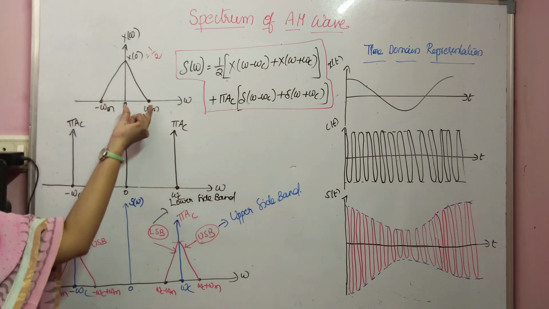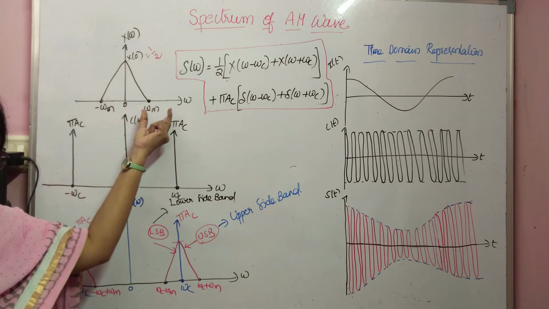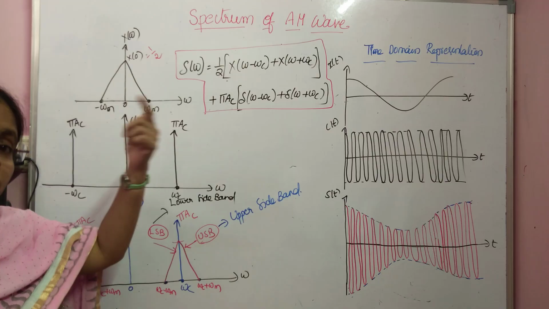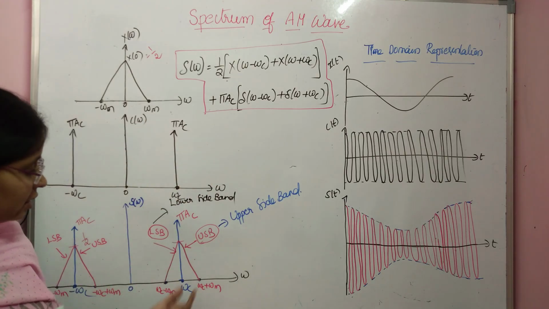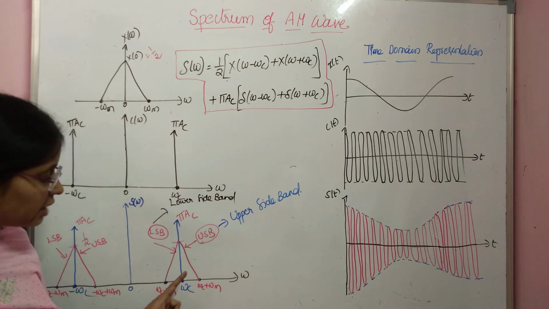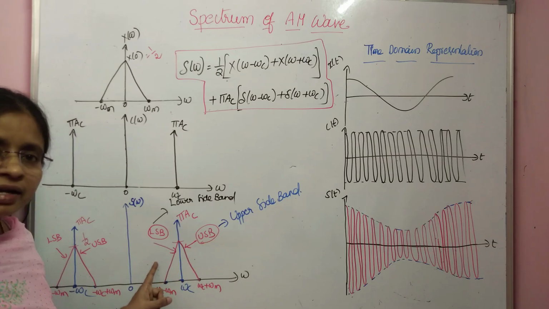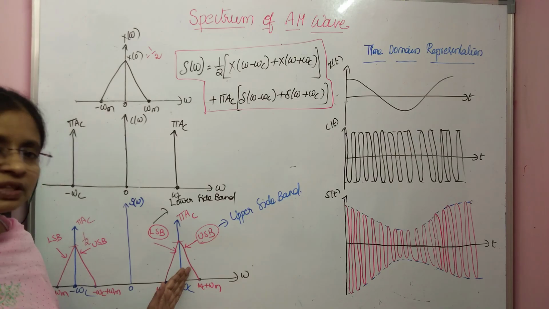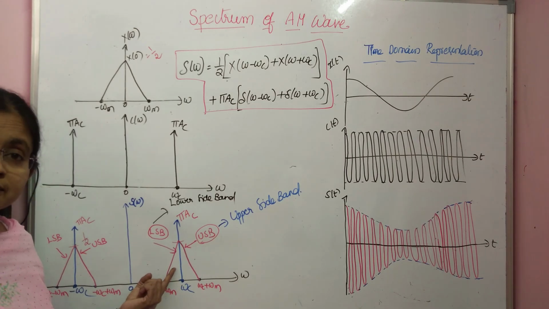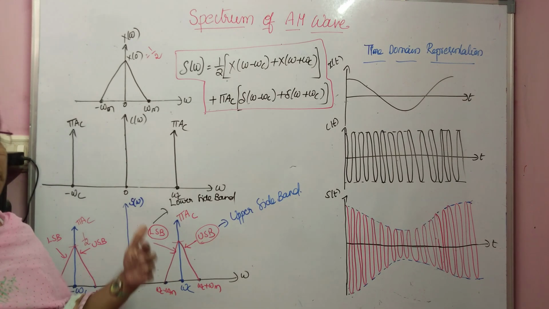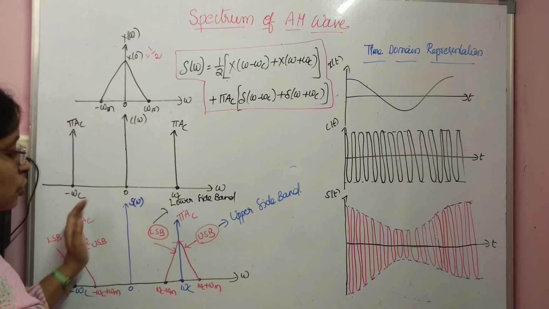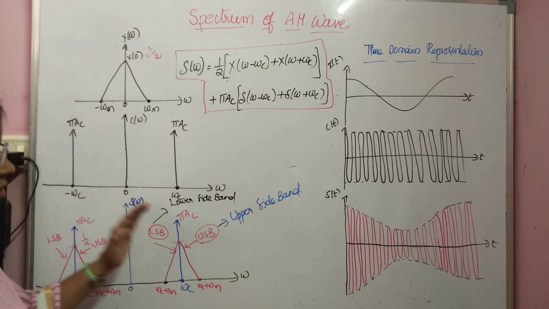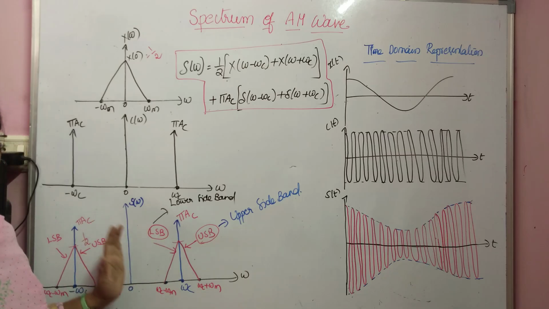The message is only between 0 and omega m. In future classes, we are going to analyze it also. This message consists of both sidebands, USB and LSB, and this is the same as this. Then what is the need of considering this? We will analyze this in future classes. So totally for this class, this is the spectrum of the AM wave.